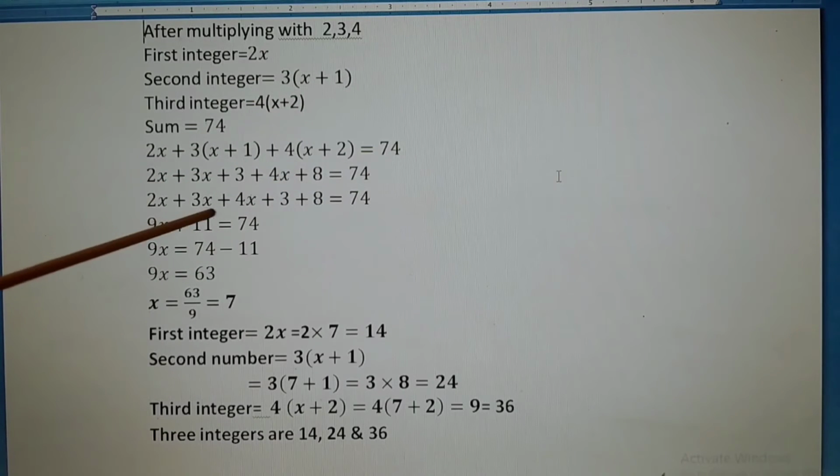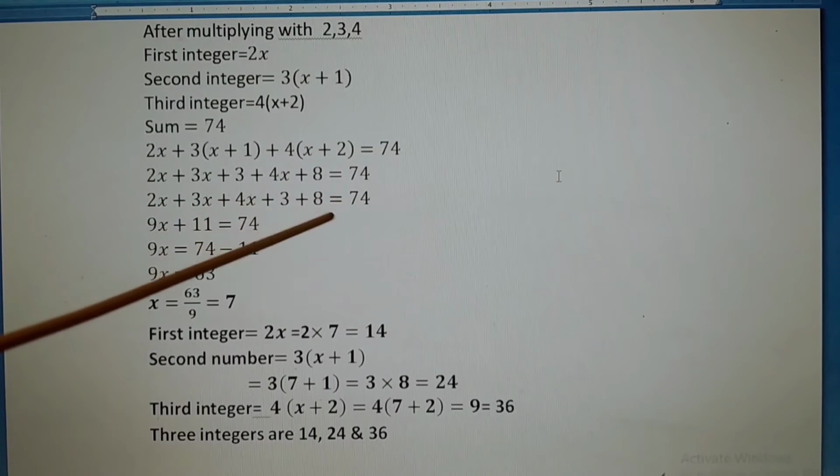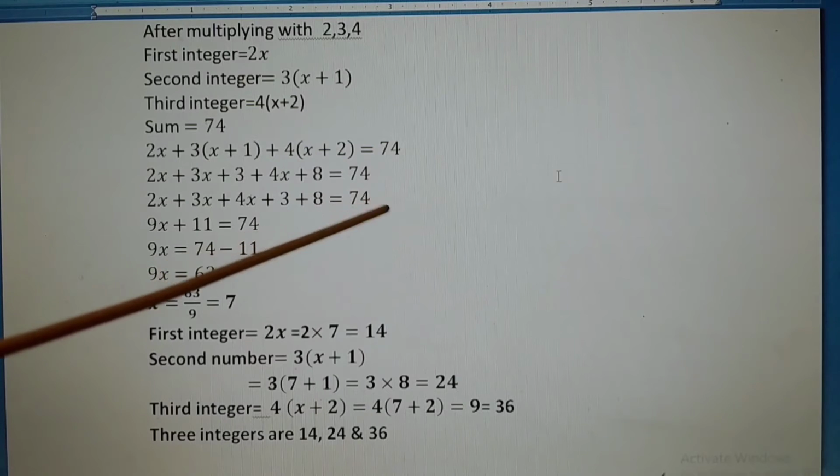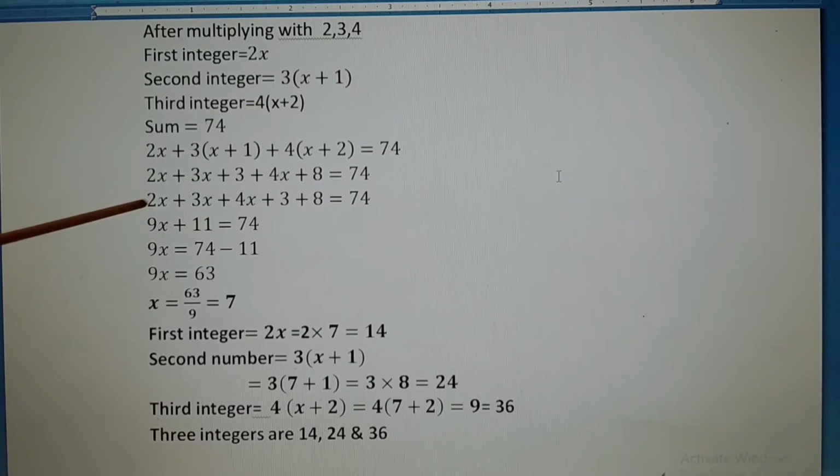Then take like terms together. 2x plus 3x plus 4x plus 3 plus 8 is equal to 74. That is 2x plus 3x is 5x, 5x plus 4x is 9x, 3 plus 8 is 11. 9x plus 11 is equal to 74.